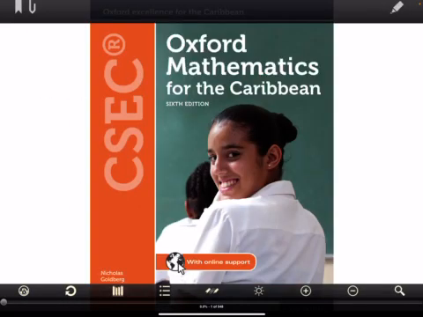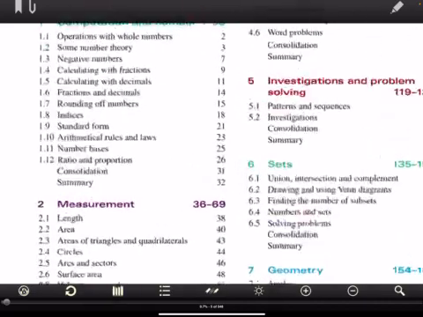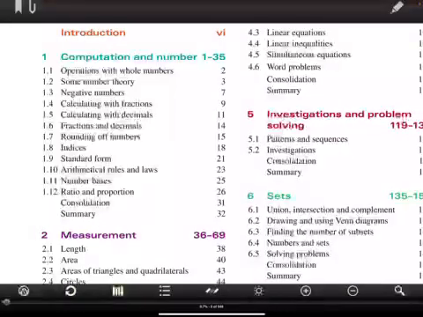Now we shall double back to chapter 1. The most important thing, or things, you need to know about chapter 1 for this upcoming test.